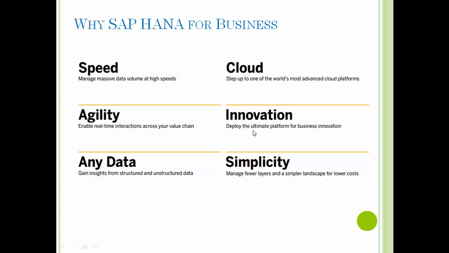Next is innovation. By innovation, we mean SAP HANA is itself an early innovator for in-memory computing, as we all know. Its configurability, easy integration, and revolutionary capabilities make it flexible enough for virtually anything your business requires. So any kind of innovation that the business thinks of doing can be done by leveraging SAP HANA technology.